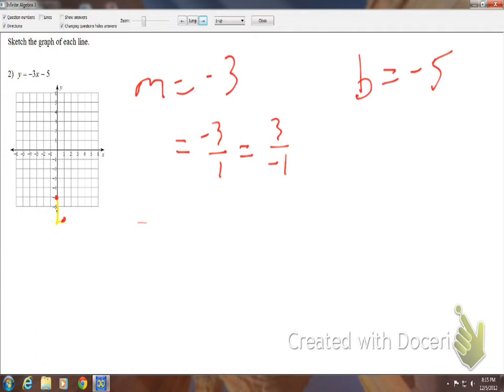So I could use this other form, and instead of down 3 and right 1, I can go up 3, 1, 2, 3, and left 1. Then I can place my point right on the graph, and you can see that all those points fall on the same line. To finish the problem off, I draw the line that connects the points. So that's our second example.